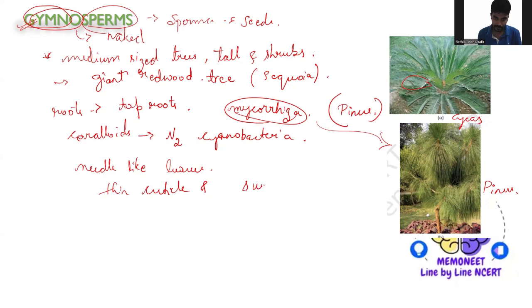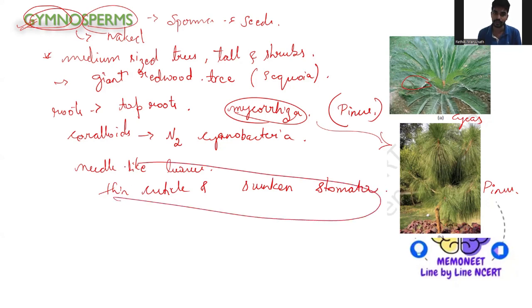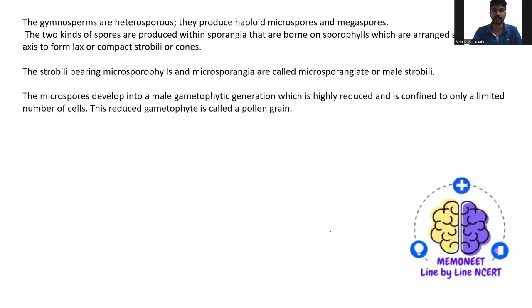These things help in the reduction of water loss. So this is all about the general characteristics of the gymnosperms.